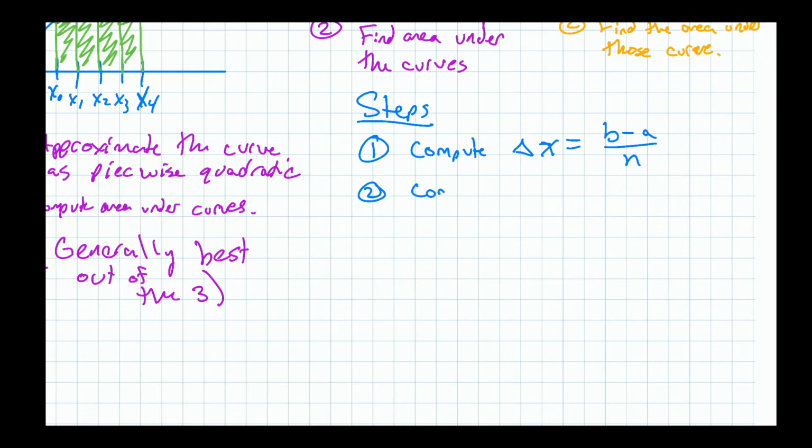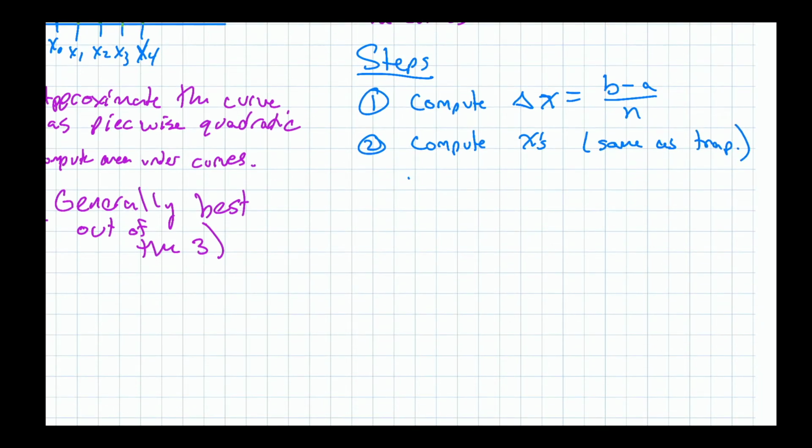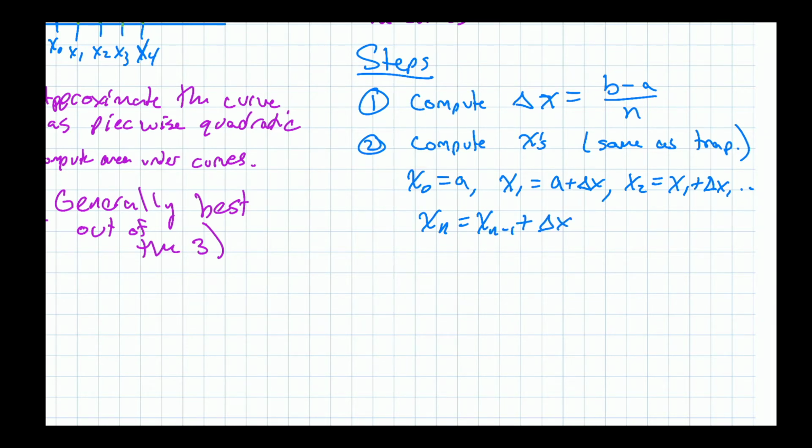You compute the x's, same as the trapezoidal rule: x0 is a, x1 is a plus delta x, x2 is x1 plus delta x, dot dot dot, until you get to xn, which is also equal to b.